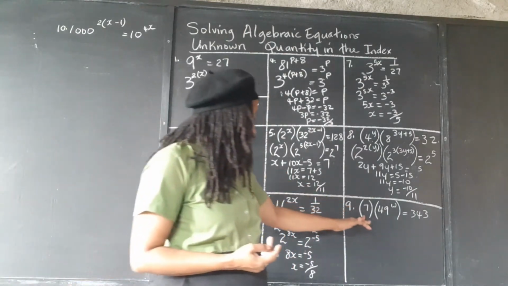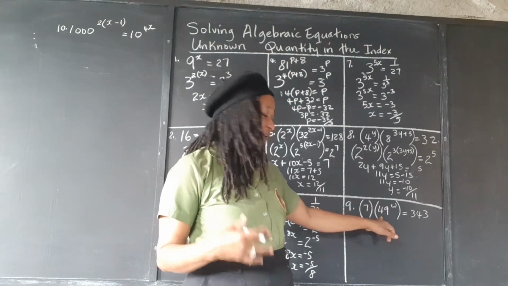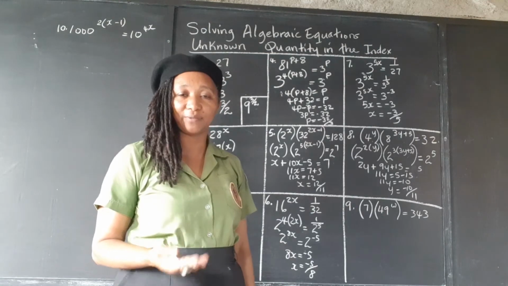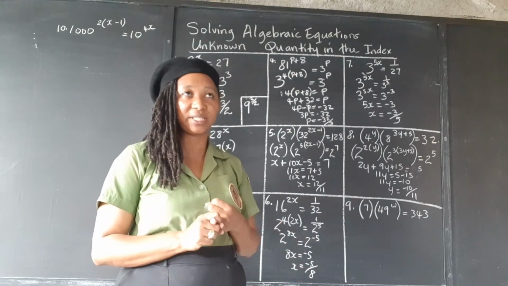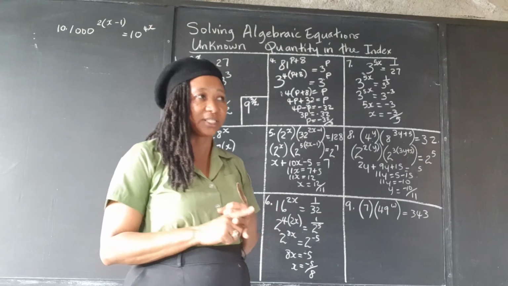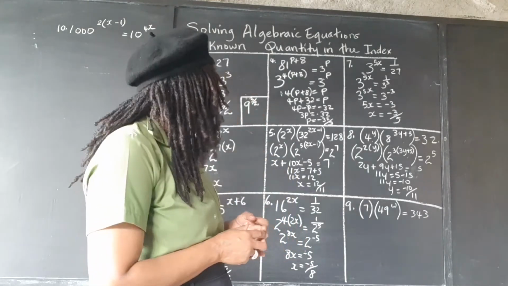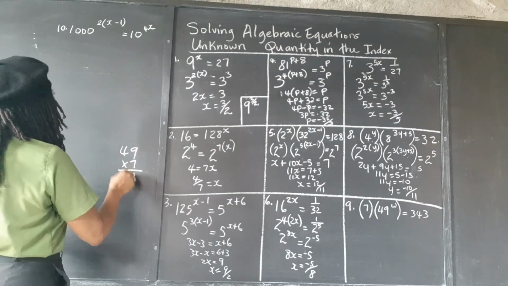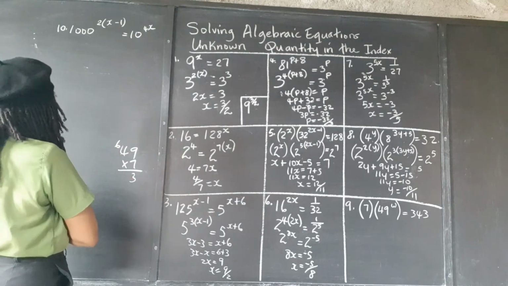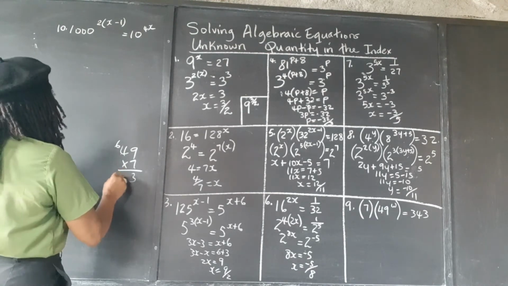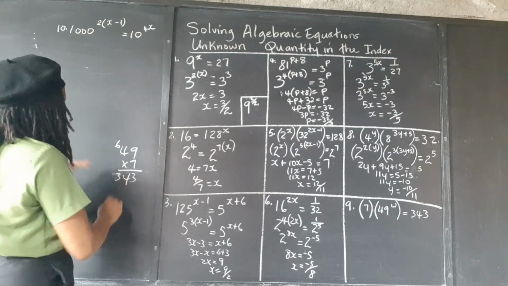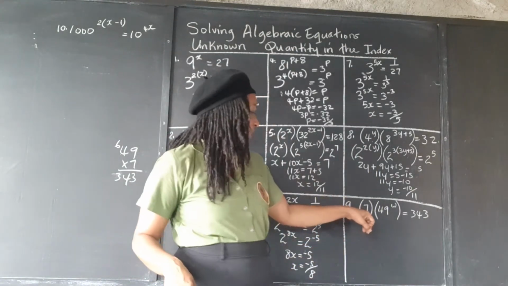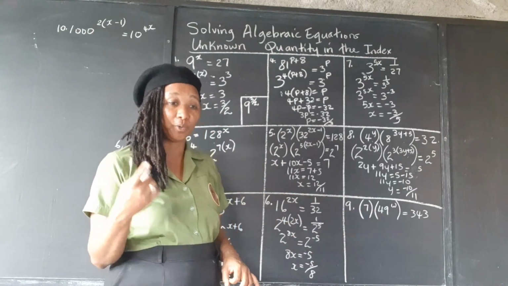We have a base of 7. We know 49 can be written as 7 squared. 343, that's 7 to what power? 7 sevens are 49, and 49 times 7, 7 9s are 63, 7 4s are 28, plus 6, 34. Alright, so this is 7 to the 3rd power. Remember though, that 7 is 7 to the 1st power, don't forget that.